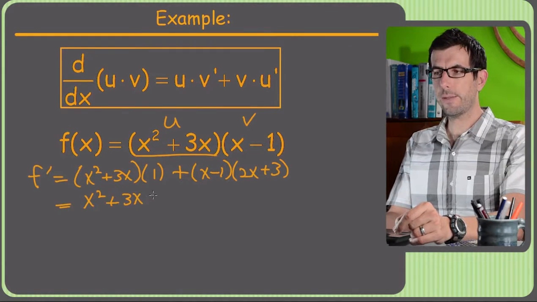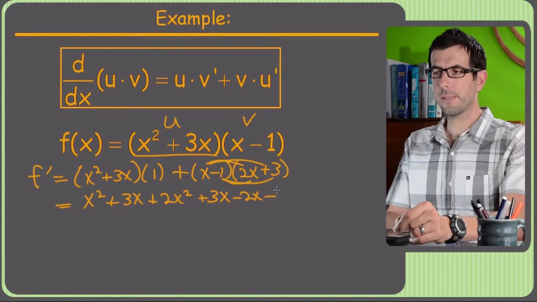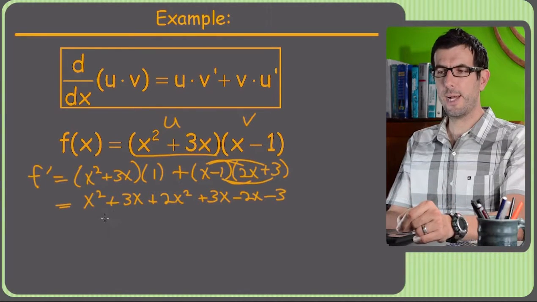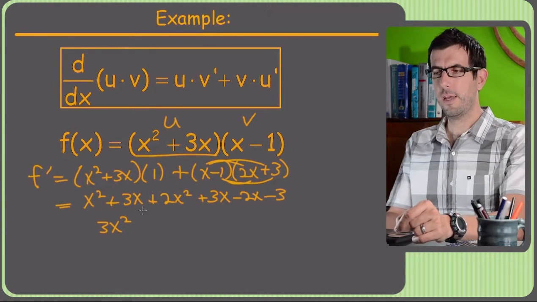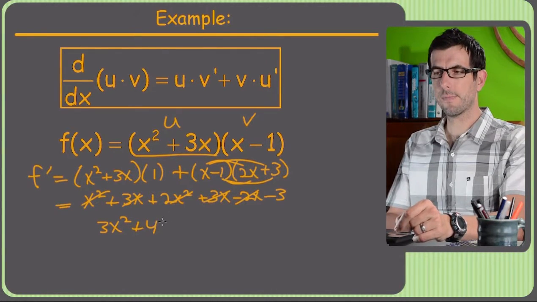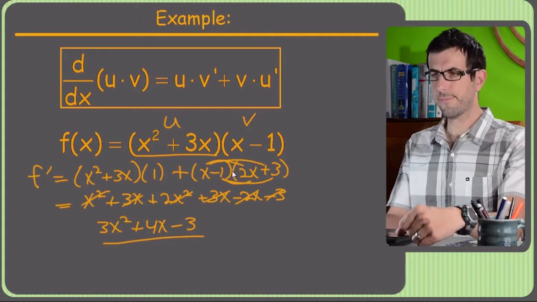This one we've got to FOIL out. So plus 2x squared plus 3x minus 2x minus 3. I figure if you're in calculus, you're probably pretty good at algebra. Otherwise, you wouldn't have made it this far. So 3x squared, then you've got 3x plus 3x is 6x, minus 2x is 4x, and minus 3. All right, pretty fun stuff.